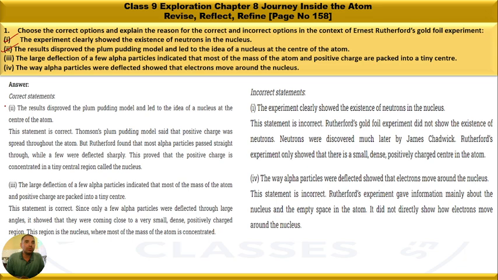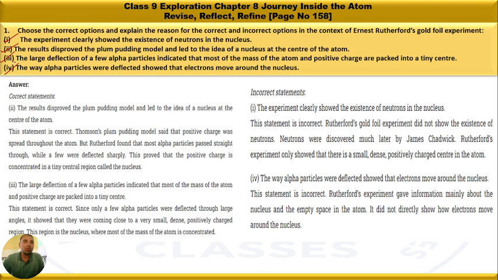The third option, the large deflection of a few alpha particles indicated that most of the mass of the atom and positive charge are packed into a tiny center. Fourth, the way alpha particles were deflected showed that electrons moved around the nucleus.